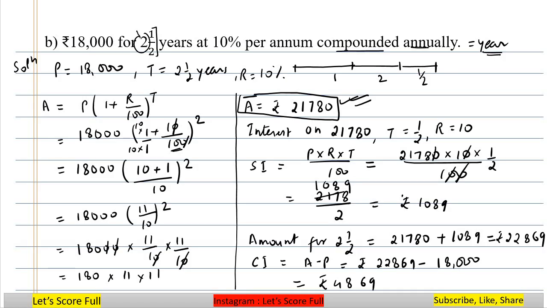So I'll calculate the amount for the whole 2 years, and on whatever amount I get, I'll calculate simple interest for the remaining half year and add both to get the final amount. And compound interest is simply the amount minus the initial principal. I hope this is clear. Let's move to the next question.